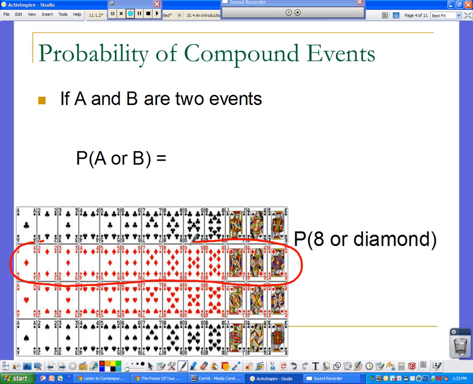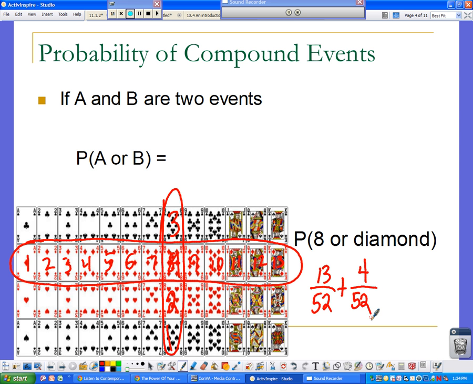And if I count them, I find out I have 1, 2, 3, 4, 5, 6, 7, 8, 9, 10, 11, 12, 13 diamonds out of a total of 52 cards. Okay? "Or" means to add. And if I count the number of 8s, my 8s are included right here. 1, 2, 3, and it actually includes the 4th one.